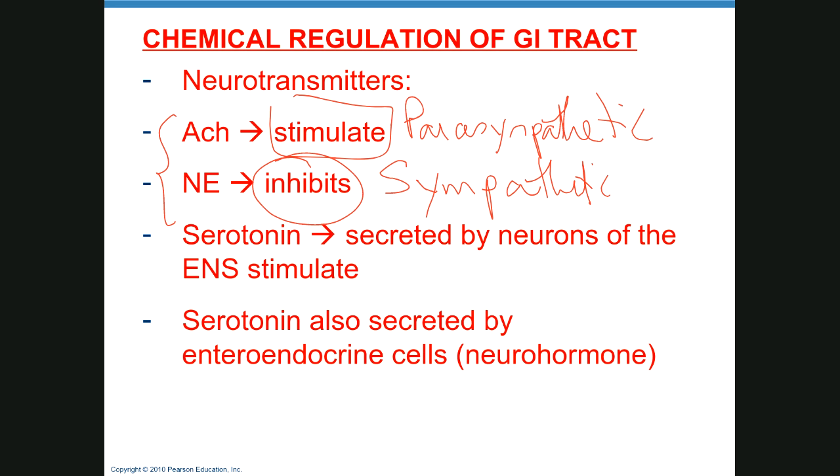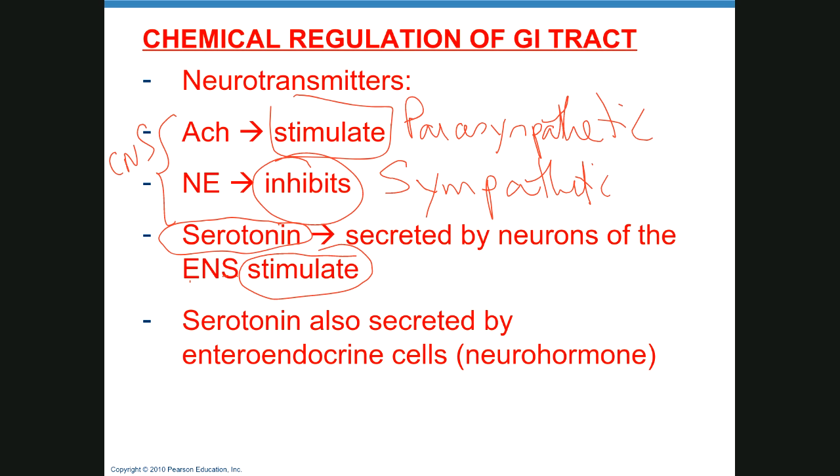These, however, are CNS neurotransmitters. The neurotransmitter that is used by the nervous system of the GI tract, which is called the enteric nervous system, or ENS, is serotonin. So this is the neurotransmitter of the ENS, and it's going to be a stimulatory neurotransmitter.